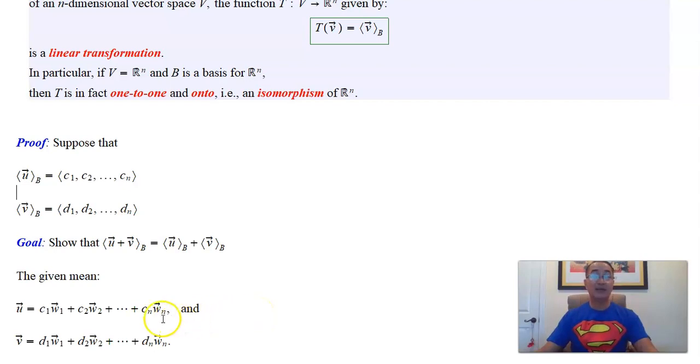Now that you see this, you could probably do the rest. What is U plus V? Well, add these two sides together, and then what's the logical thing to do? Combine the W1 terms, combine the W2 terms, and so on.